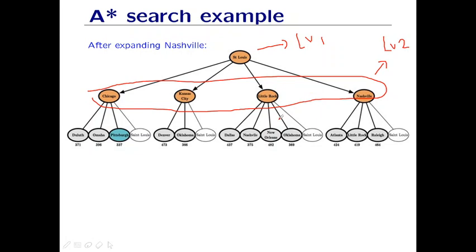So understand, A* search goes by level to level. That means you are not going with one depth. You are going to select level by level, and you will reach your goal.